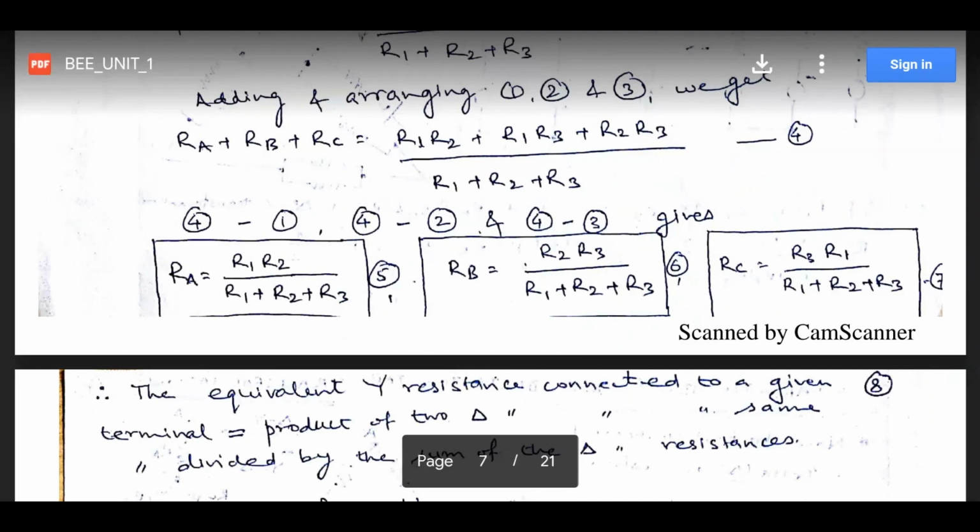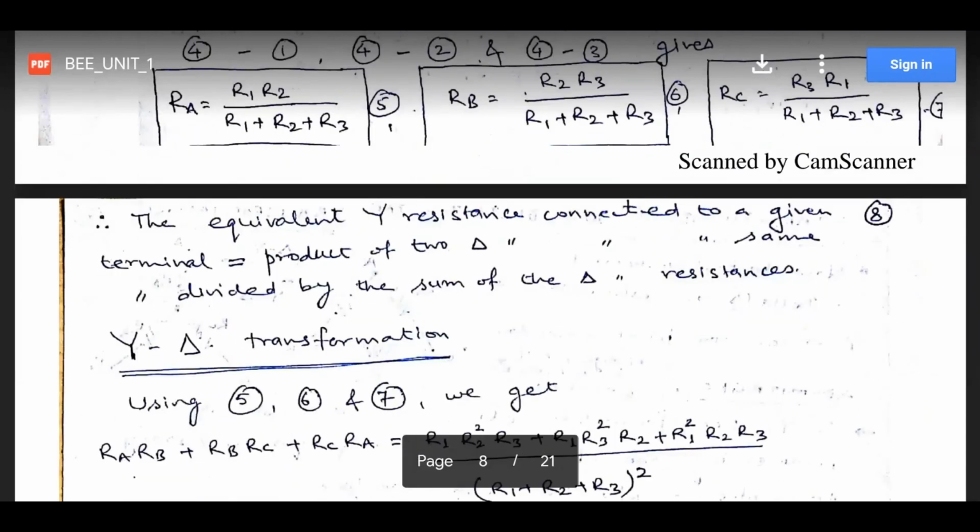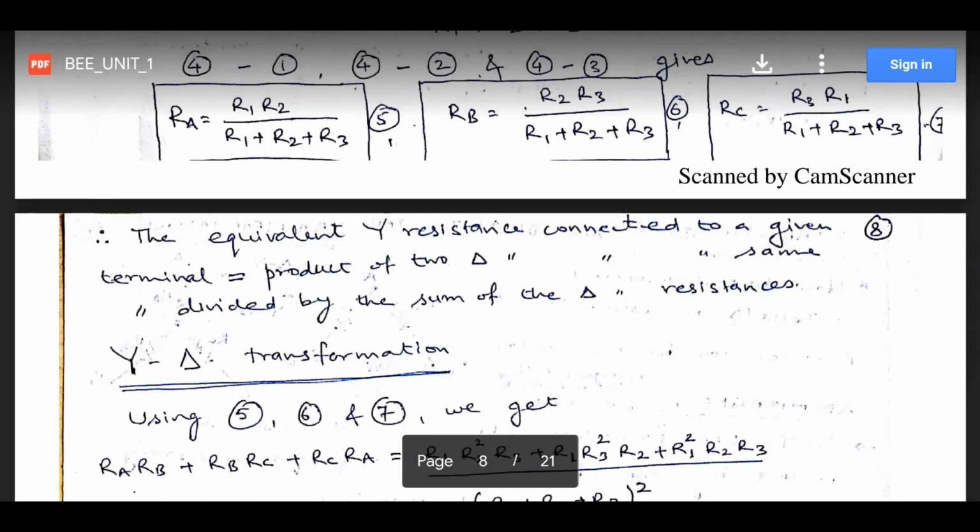So we have achieved the transformation of star from delta. We began with R1, R2, R3 and assumed some RA, RB, RC values of the star, and we have found the relationship between them.